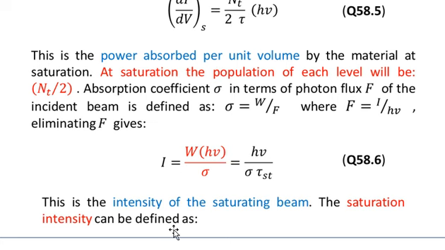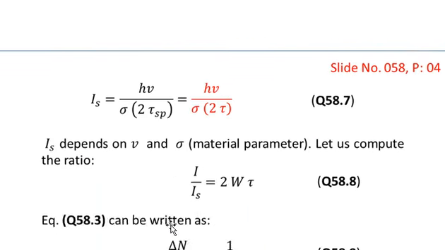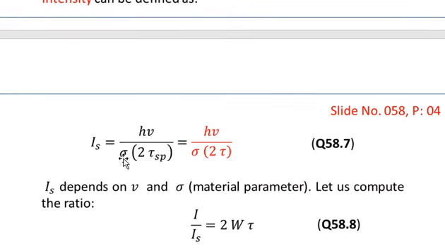The saturation intensity can be defined as, now we are going to give you the saturation intensity value. Looking just at this one, the right hand side is equal to h nu over sigma into tau St. And you see that the saturation intensity will be equal to h nu over sigma into 2 times tau Sp. Sp stands for spontaneous emission.